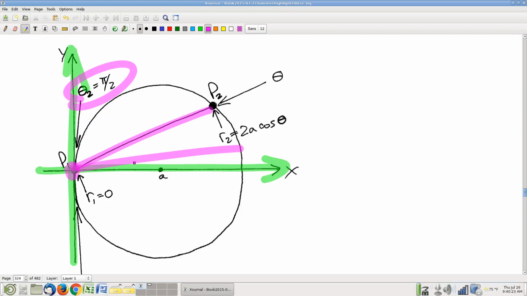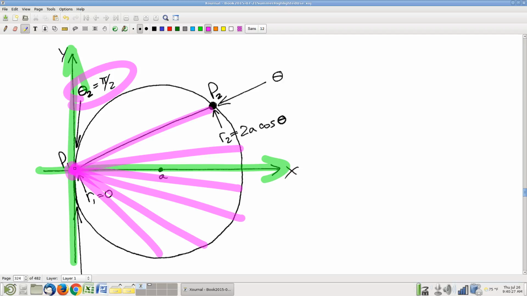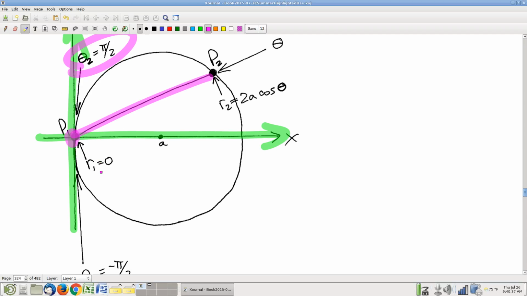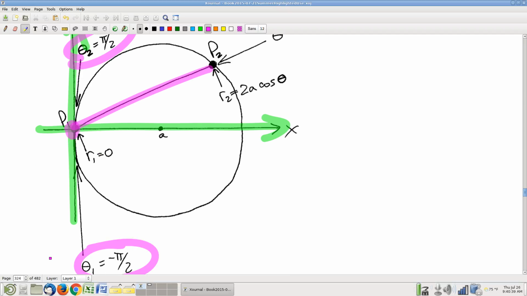Going in the other direction, it's the opposite: they get shorter and shorter as you approach negative pi over 2. So the first slice is negative pi over 2. For this domain, theta goes from negative pi over 2 to positive pi over 2. Everybody clear on that from the picture?